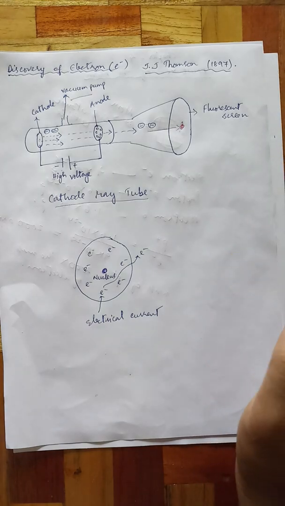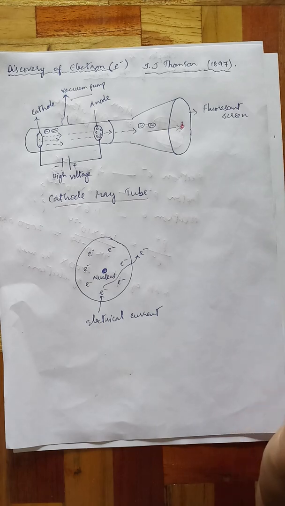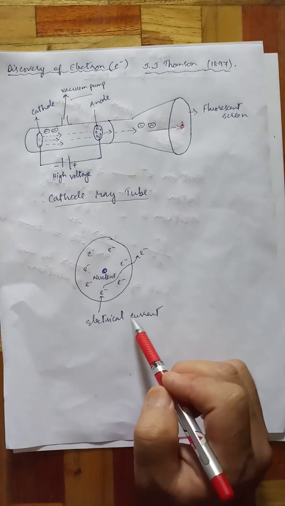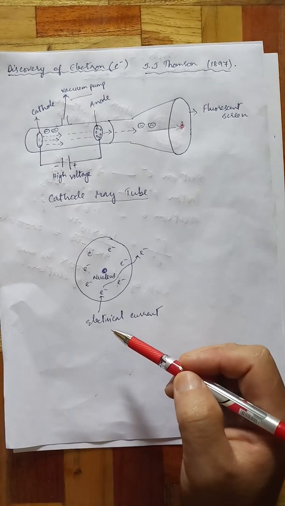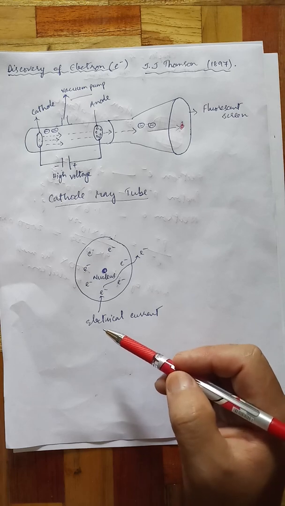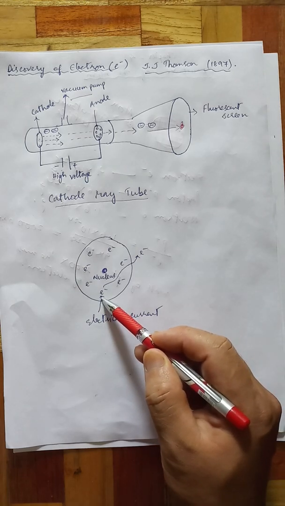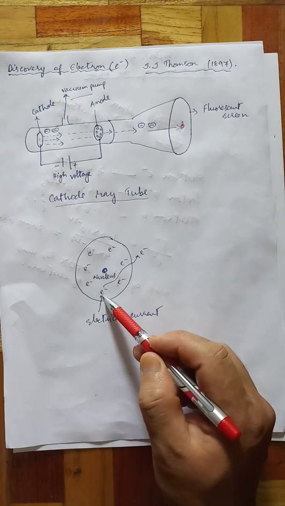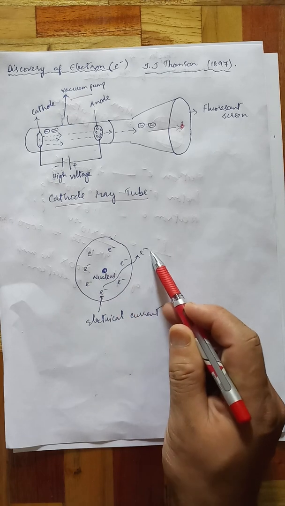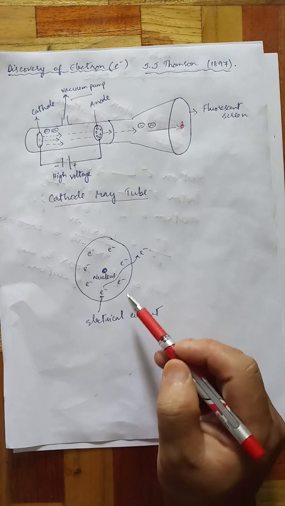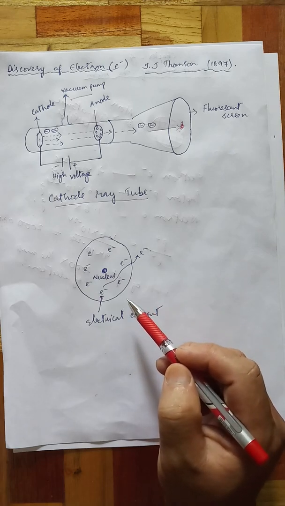Now let's take a closer look at what happened inside the cathode ray tube. When an electric current is passed, the electrical energy pushed out some of the electrons from the gas atom.